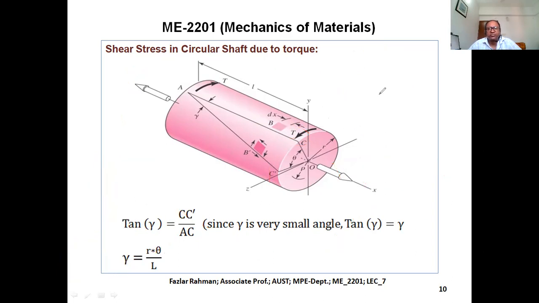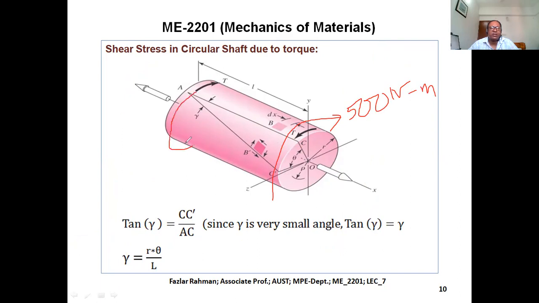But for the same shaft, say the torque working here is 500 Newton meter, and this is clockwise. It has to be anticlockwise, right?